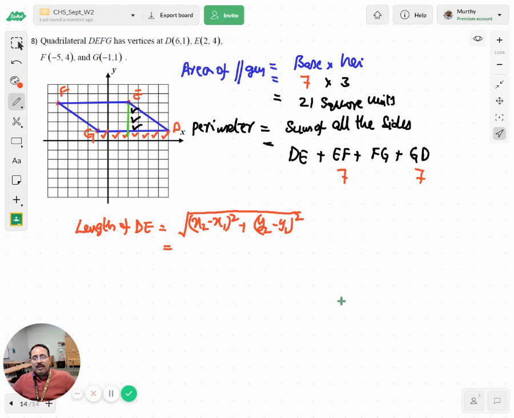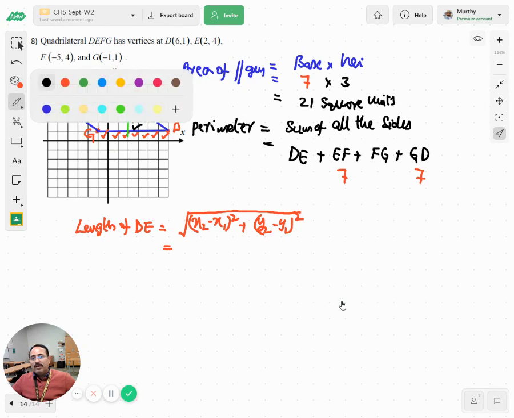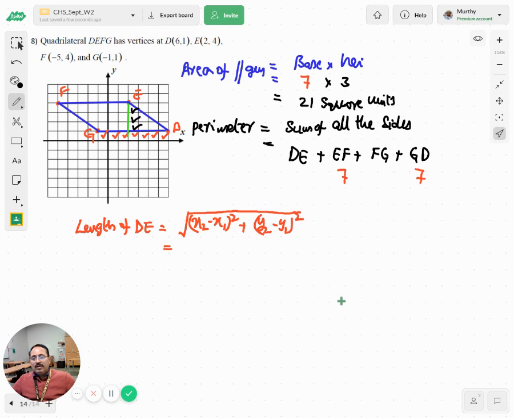x2 minus x1 whole square plus y2 minus y1 whole square. Then let me plug in the values. I'm taking point D, which is (6, 1), and E, (2, 4). So this is x1, y1, x2, y2. Let me plug in x2 minus x1, which is 2 minus 6 square.